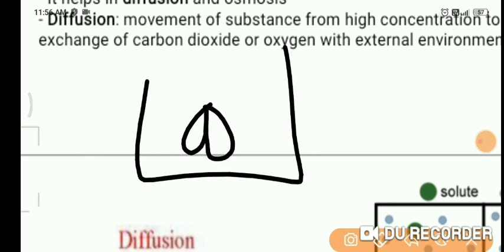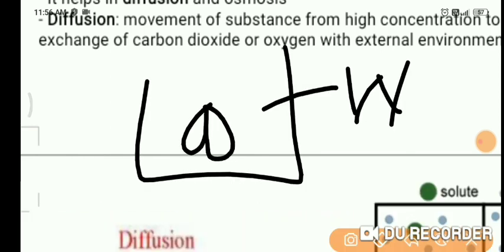So what will happen? Here is water. The water molecules will move from higher to lower concentration, because water is more in the beaker and less in the gram, so from outer to inner surface. The water will move from the beaker inside the gram.